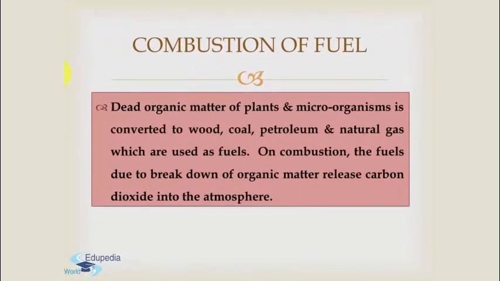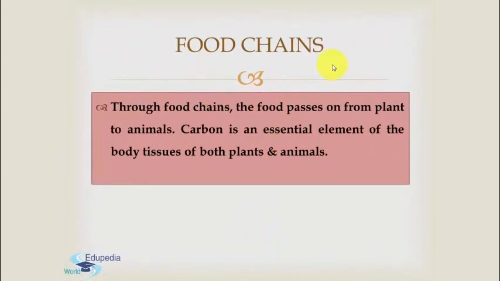Then combustion of fuel. Dead organic matter of plants and microorganisms is converted to wood, coal, petroleum and natural gas, which are used as fuels. On combustion, the fuels, due to breakdown of organic matter, release carbon dioxide into the atmosphere. Then food chains.